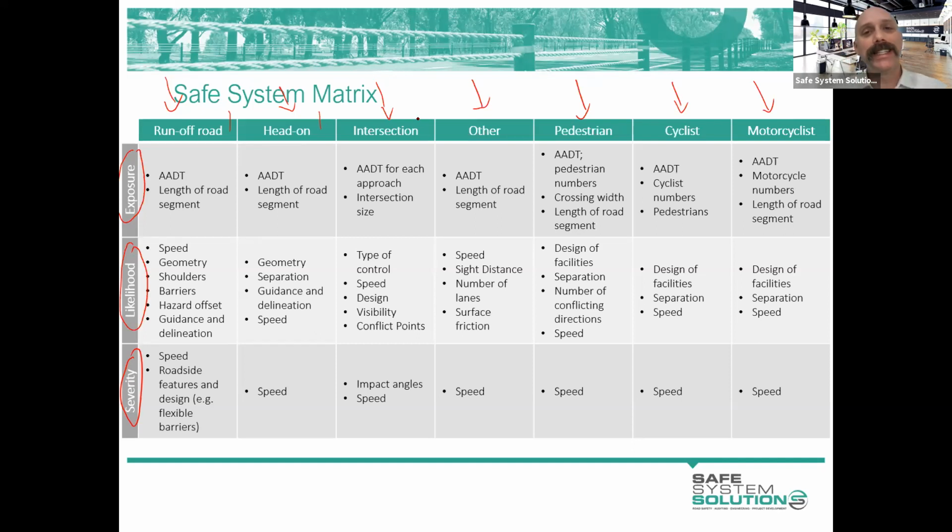Intersection is anything that involves one vehicle making a turn maneuver, or at a crossroads or the like, vehicles that strike at those angles from different roads. And again, this is passenger vehicles. So these are all about passenger vehicle crashes.